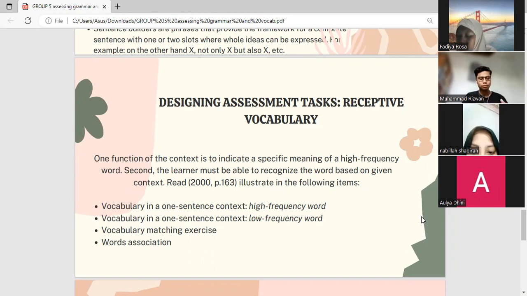Read the illustrations in the following items: vocabulary in a one sentence context, high frequency word, and then vocabulary in a one sentence context, low frequency word, and then vocabulary matching exercise, and then the next is word association.